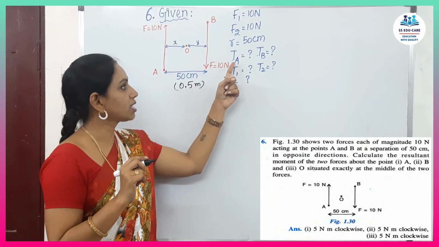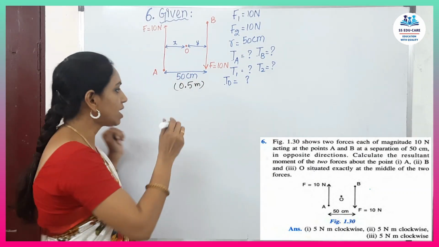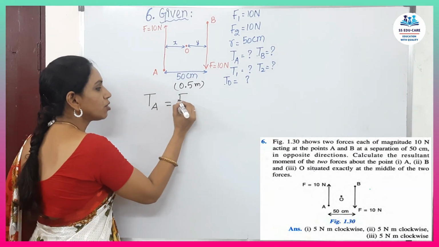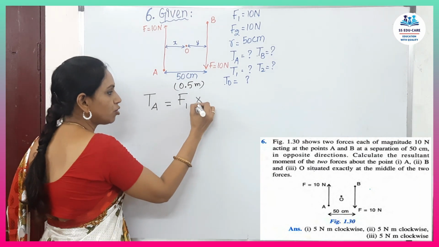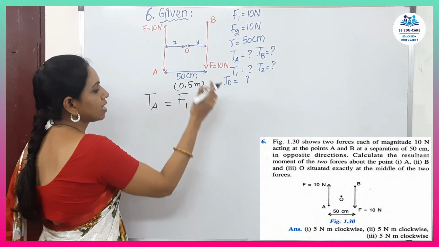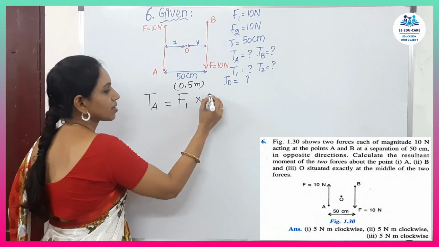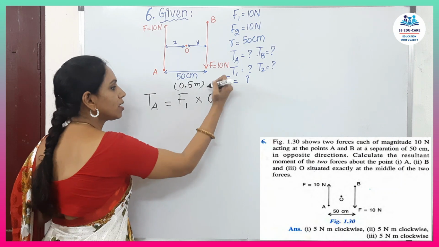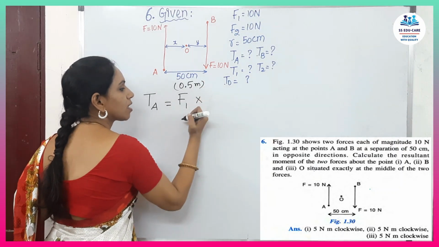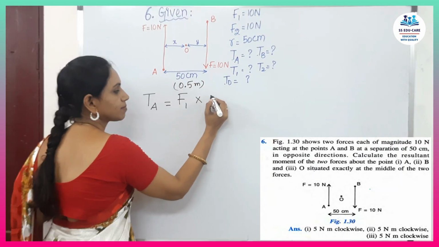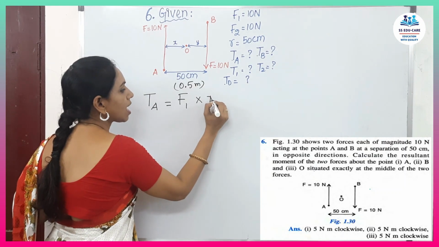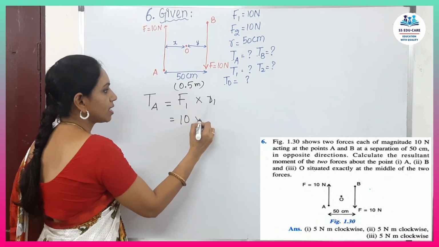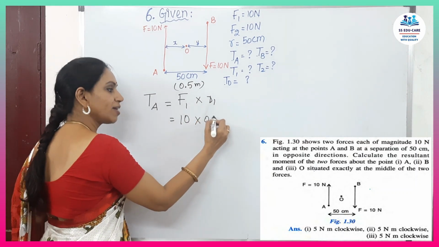Now they have asked us to find out the moment of force at point A. So let's do that. Moment of force at point A is equal to F1 into R1, the distance at point A. So that is equal to F1, which is 10, into 0.5 meter.